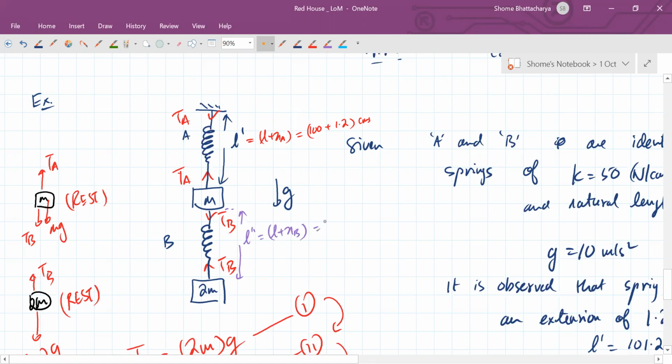And as it turns out, the extension for B is 0.8 centimeters. The extension for A was 1.2 centimeters. And because they are extended, the internal force applied by the spring is inwards, like this.